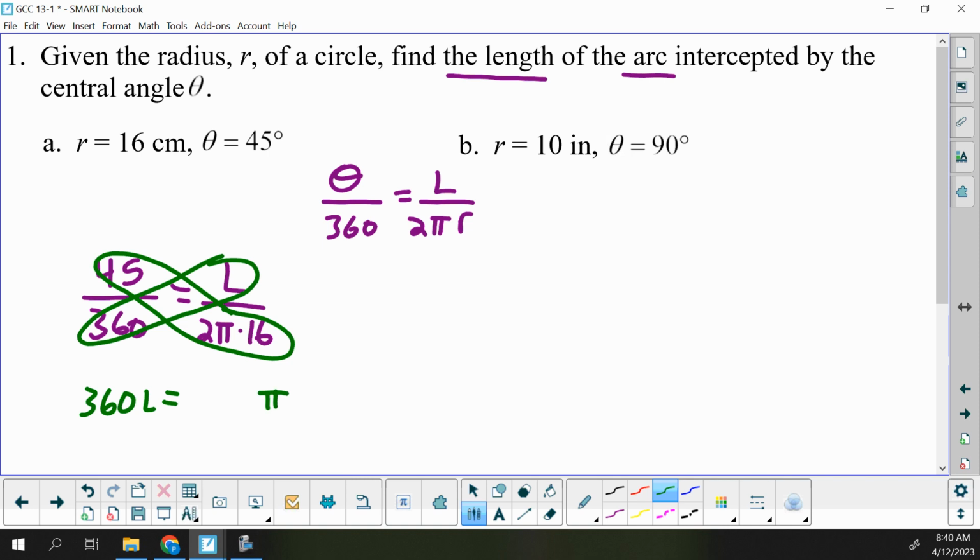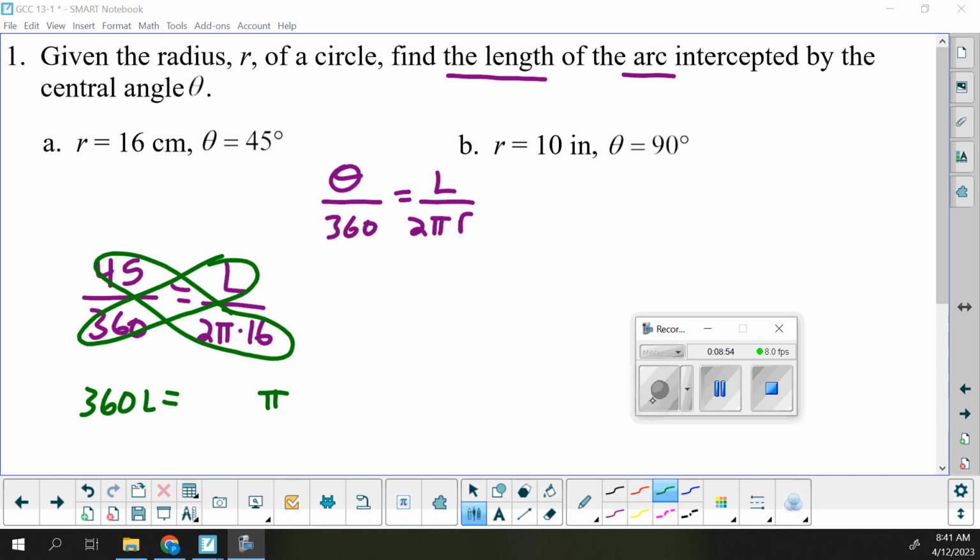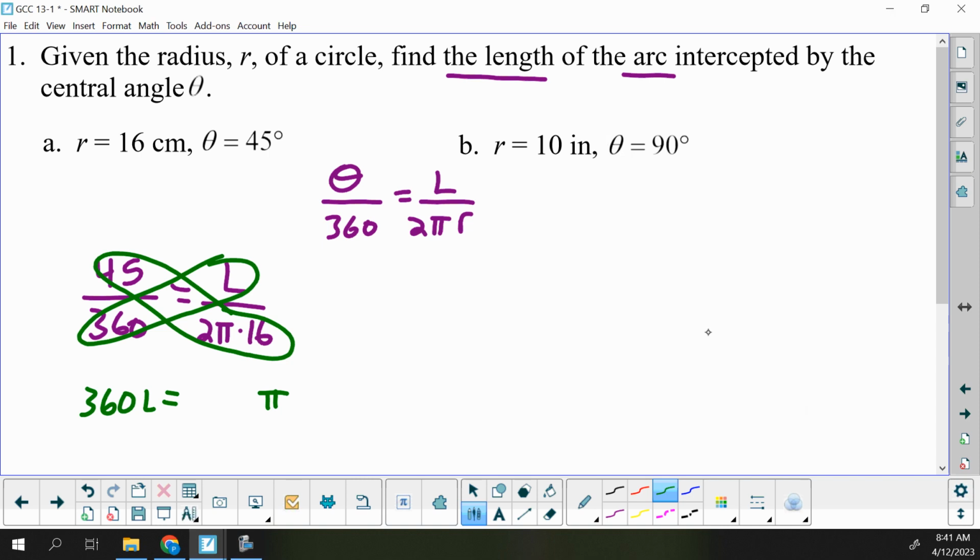So when we put this in the calculator, we're not going to type the pi in, we'll just put it after our answer. So in our calculator, we're just going to do 45 times 2 times 16. And we should find that's 1,440 pi.